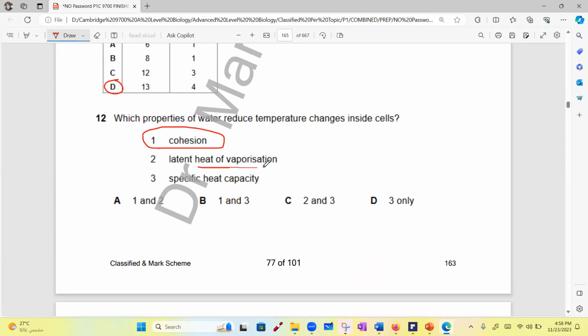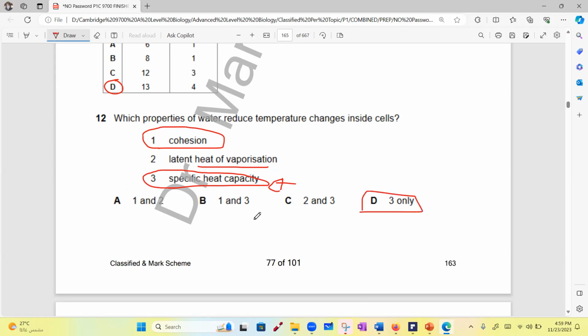Latent heat of vaporization is the amount of heat needed for the water to evaporate, so it will cool you down. But specific heat capacity is the amount of heat needed to raise the temperature of 1 kilogram of water by 1 degree, and this is very high. That is why water is stable most of the time and doesn't fluctuate in temperature. So the answer is D.